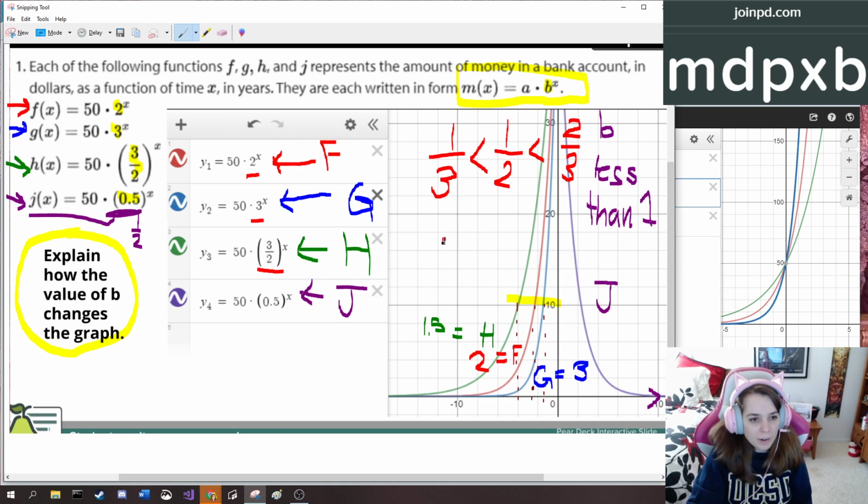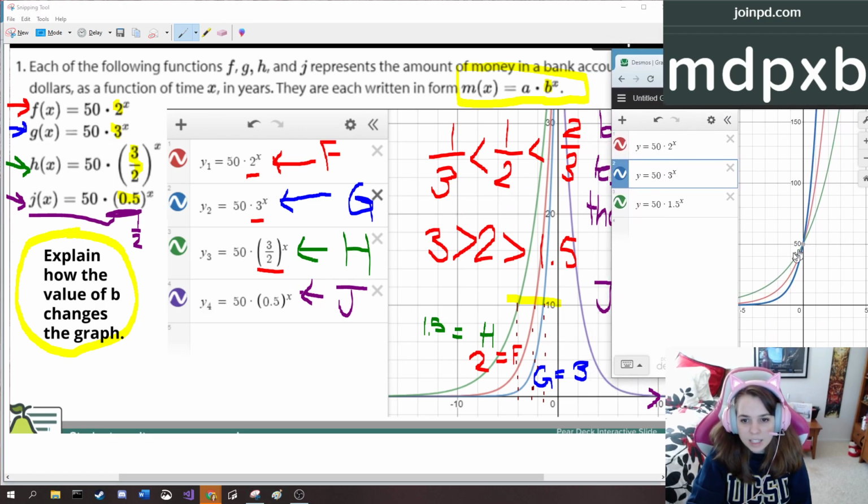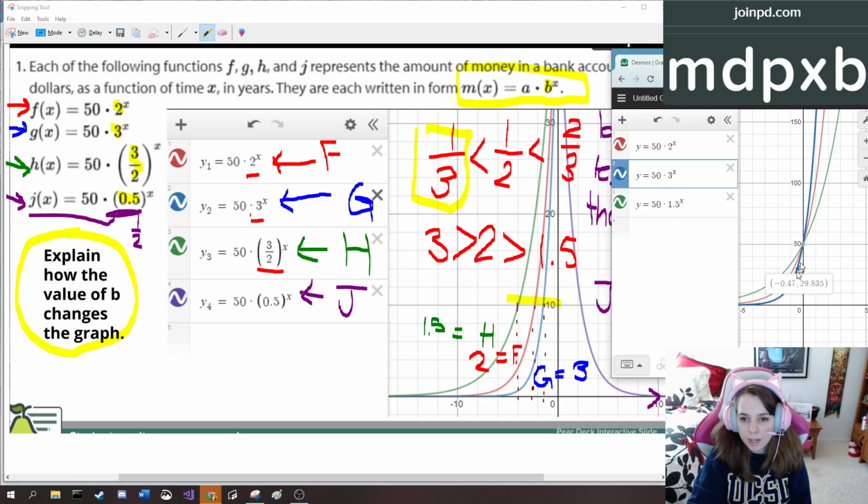However, 3 is bigger than 2, and 2 is bigger than 1.5. So when we are looking in the negatives, the biggest growth rate here is actually going to be growing the smallest. But when we look in the positives, it's going to be growing the fastest.